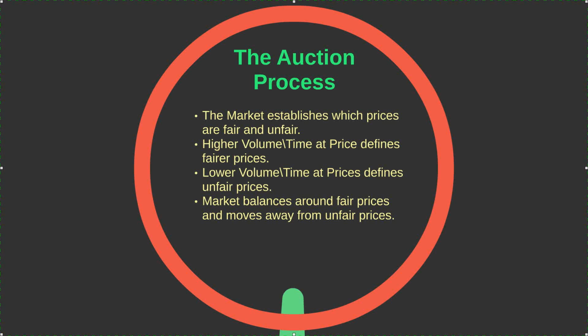Now, once you understand that, the belief you've got to take on here, to make sense of this in a way that you can believe in it and be confident to take opportunities based upon these ideas, is to understand this real simple idea right here. The market balances around fair prices and moves away from unfair prices.